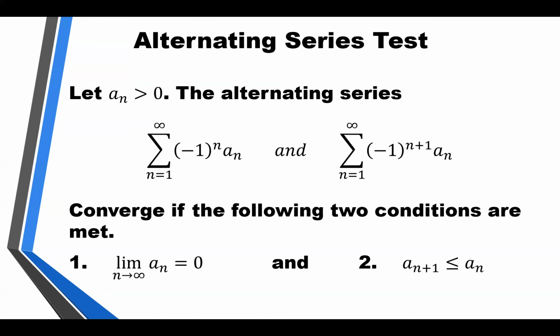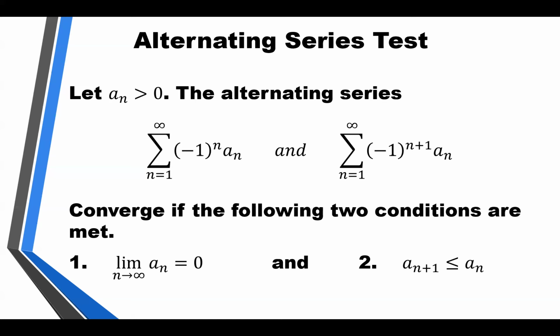The limit of the positive part of the alternating series is 0 as n goes to infinity, and the positive parts are decreasing. So to check for convergence, we just need to find if the positive parts decrease towards 0.